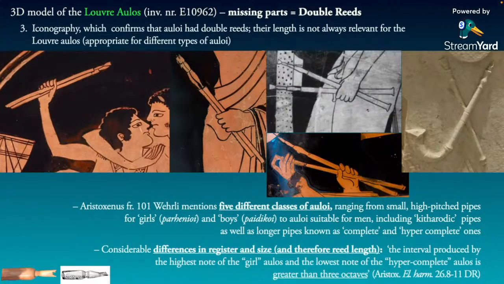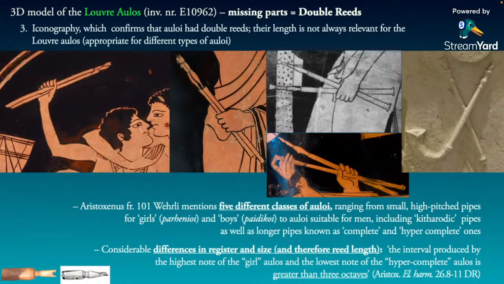On the other hand, the relationship between the size of the instrument and the length of the reeds is not immediately relevant for the Louvre aulos in all cases, because ancient Greek musicians had lots of different kinds of aulos that had different sizes and ranged from small high-pitched pipes to pretty large instruments suitable for men and professionals.